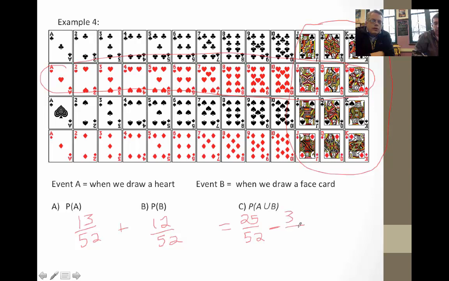So we had the 3 out of 52 that were the intersection. So really it's 22 out of 52. Cool. And so we see it's the probability of A plus the probability of B minus the probability of the intersection. Right. So if you actually count them, the ones we circled, there are 22 cards in the loop.